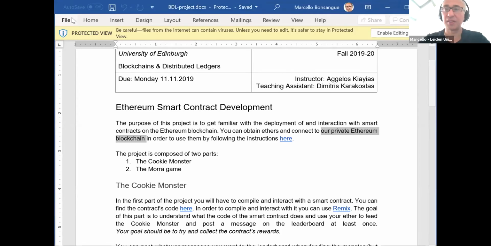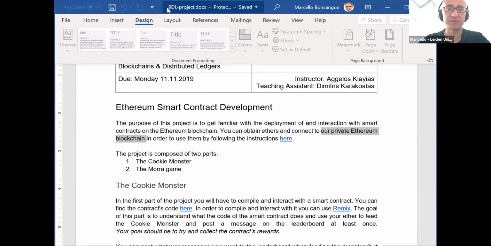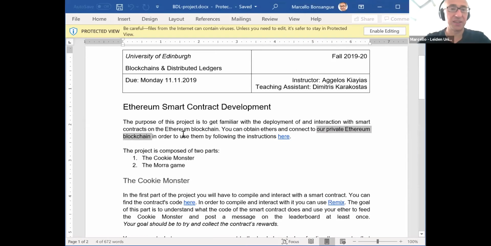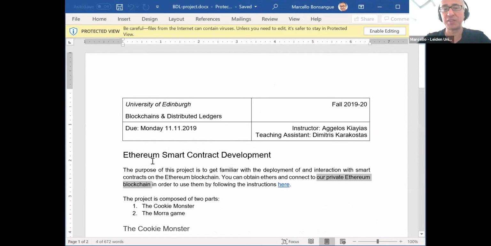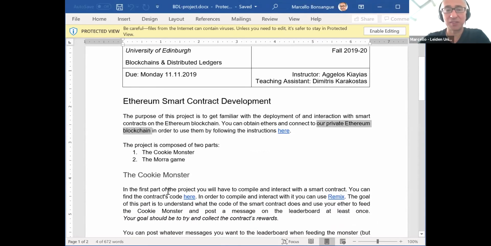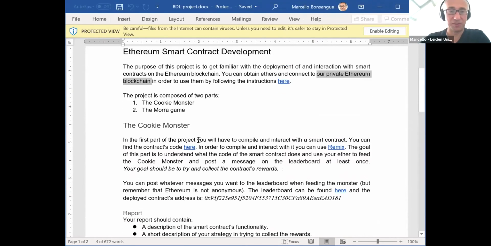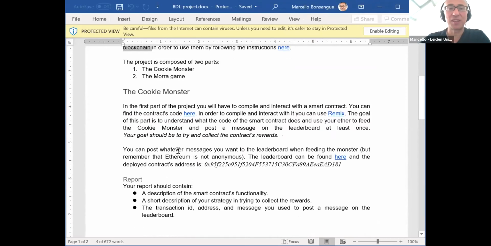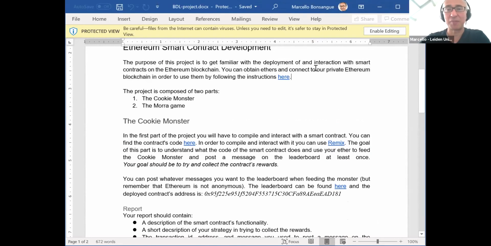Okay, so you see this is from Aggelos Kiayias, and the idea is about the development of some smart contracts. It is based on the implementation they have here, the private Ethereum blockchain in Edinburgh.